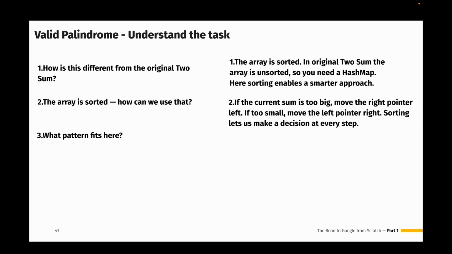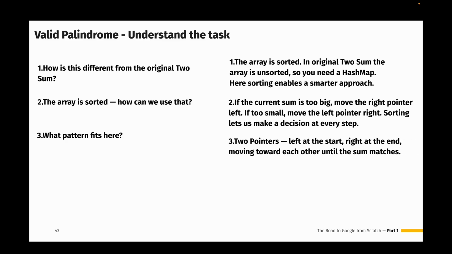So how is this different from the original Two Sum? So the array is sorted. In the original Two Sum, the array is unsorted, so we needed to use a hash map there. But here we can use a little bit smarter approach to solve this task. So the second question, the array is sorted, how can we use that?